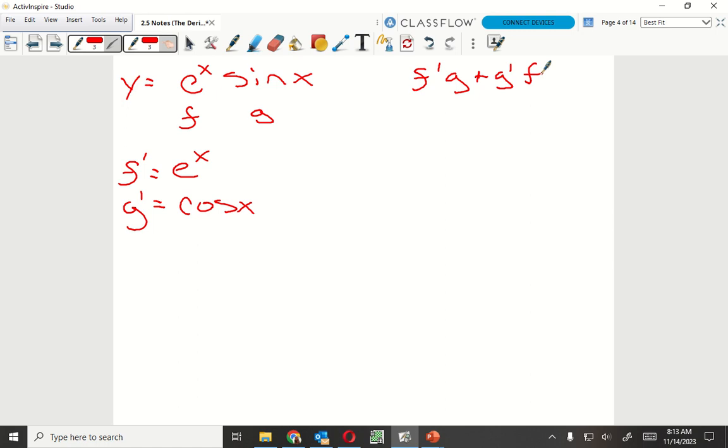So f prime e to the x g, which is sine x plus g prime cosine x f, which is e to the x. So kind of like that last one, I'm going to put the e to the x in front of the sine or cosine. That's always a good habit of getting into. Not behind, put it in front.